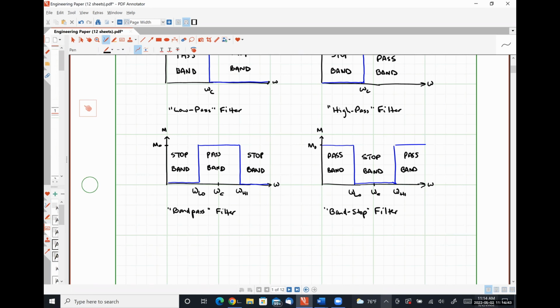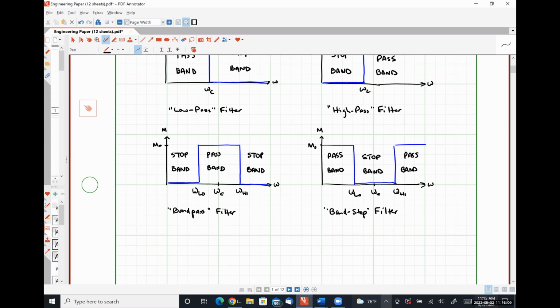So these are the four types of filters that we're going to deal with in this class. There are certain filter topologies that you may hear of in your later classes. Like I know for sure in circuits 3, you'll learn about what are called Butterworth filters and Chebyshev filters.